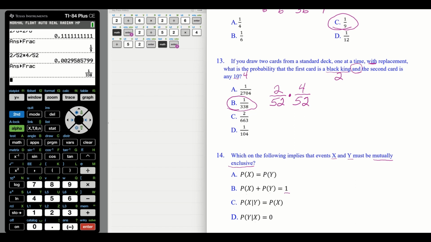So whatever we're dealing with, we're going to add the event of X to the event of Y, but we will not be subtracting the events they have in common that we multiply together. So that means that in the event of X, it's impossible to have Y, meaning you can't multiply them together and get a value.